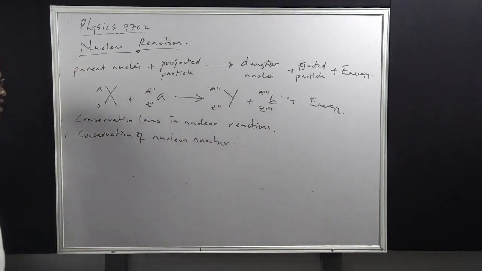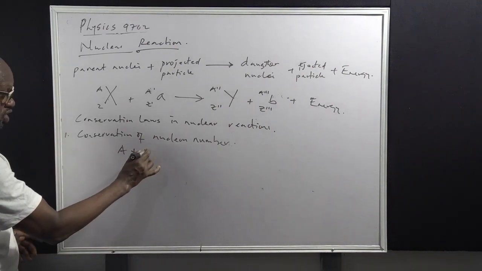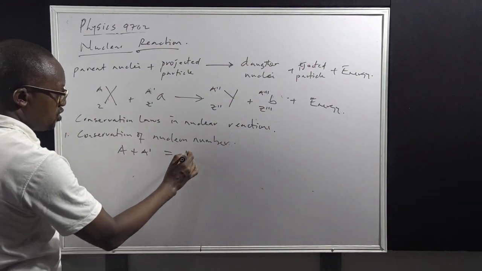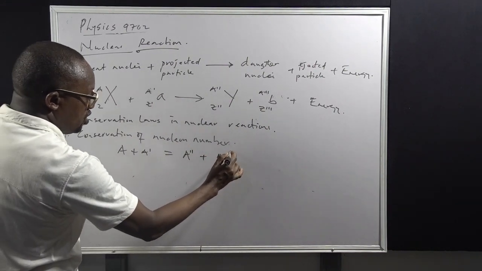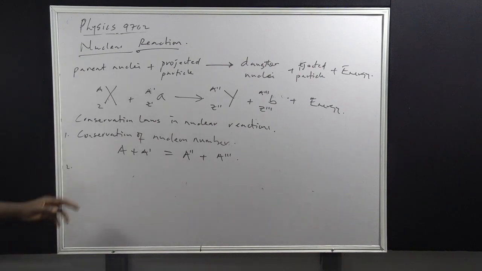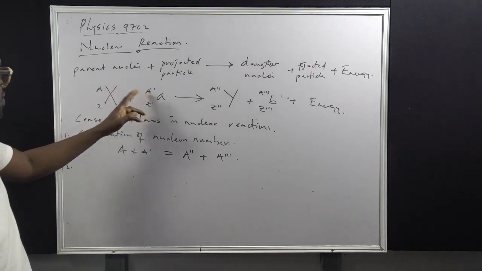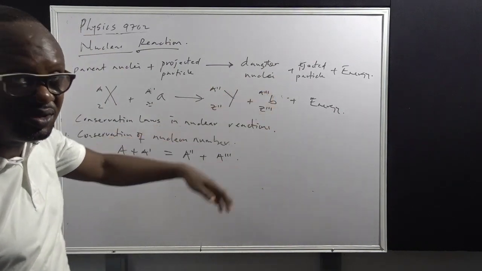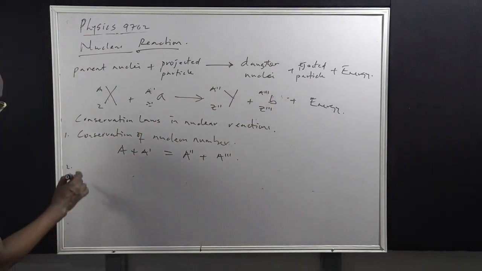In a nuclear reaction, nucleon number must be conserved, i.e., the sum of nucleon numbers of the species on the left-hand side must be balanced by the sum of nucleon numbers of the species on the right. So when you add up the nucleon numbers of the species on the left, it must be equal to the sum of the nucleon numbers of the species on the right.